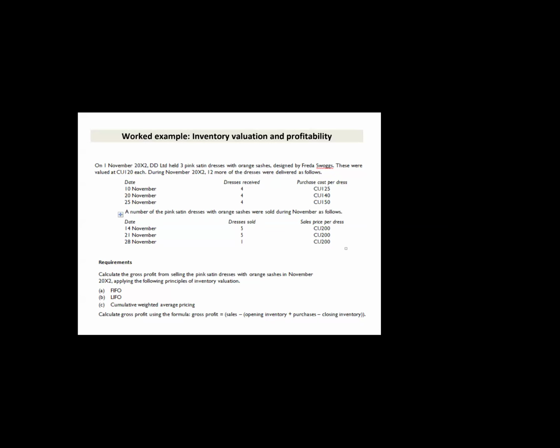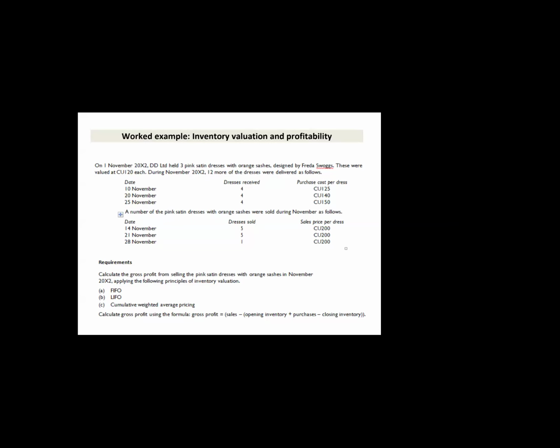A number of the pink satin dresses with orange sashes were sold during November 2022 as follows. 14 November, we sold 5 dresses at the rate of 200. On 21st November, we sold 5 dresses at the rate of 200, and 28 November, we sold 1 at the rate of 200. So the selling price is the same, at the rate of Taka 200, but the purchase price is different.